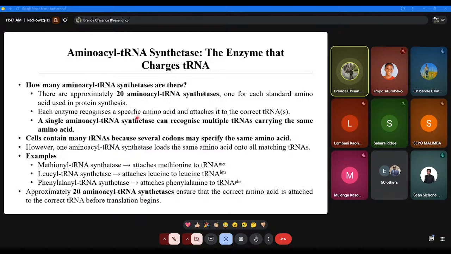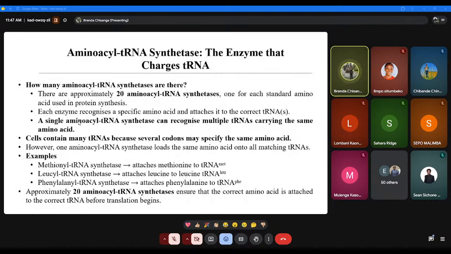So to answer the question, how many amino acid tRNA synthetases do we have? We have approximately 20, one for each of the 20 naturally occurring amino acids, because this enzyme is the one that recognizes these amino acids. A single amino acid tRNA synthetase can recognize multiple tRNAs for the same amino acid.